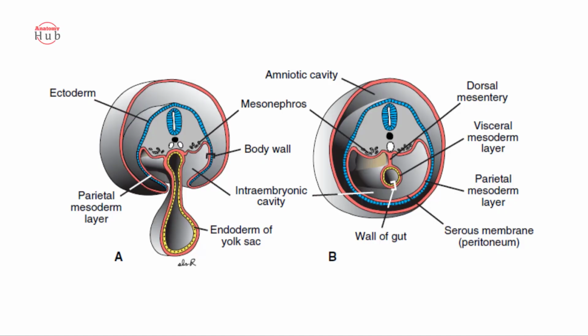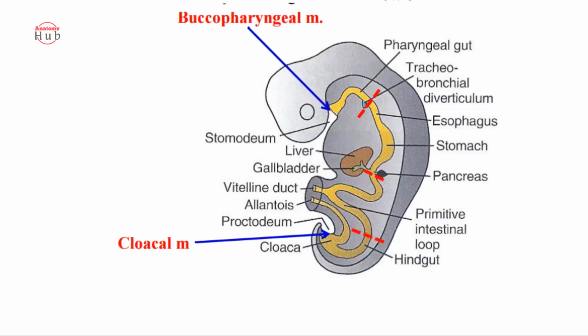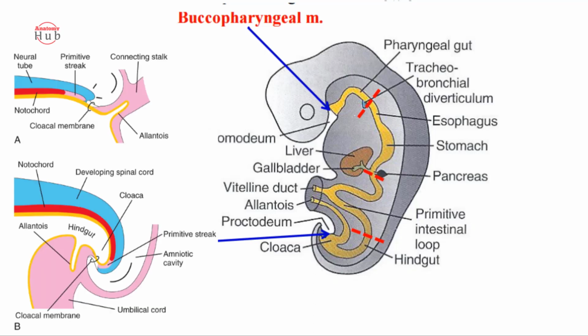The buccopharyngeal membrane isolates the foregut from the stomodeum, that is an ectodermal depression at the cranial end of the embryo. At the caudal end of the embryo, the tail fold forms due to the rapid growth of the caudal part of the neural tube.